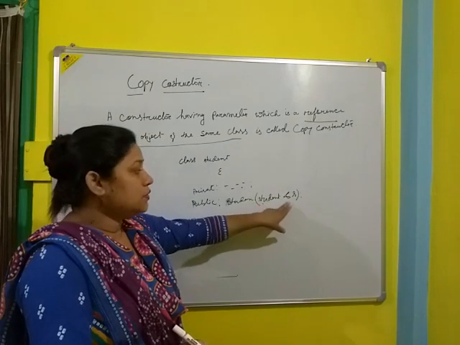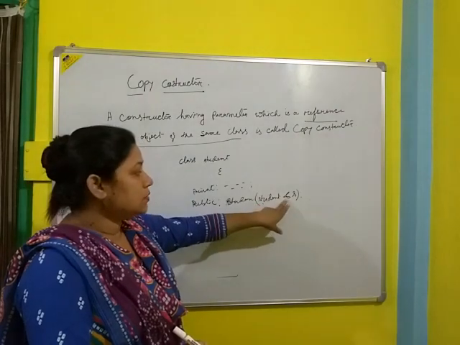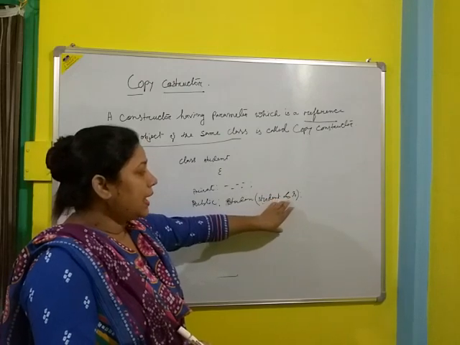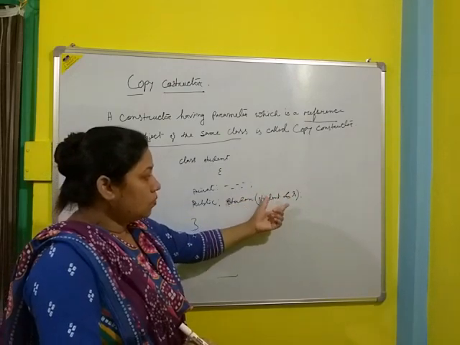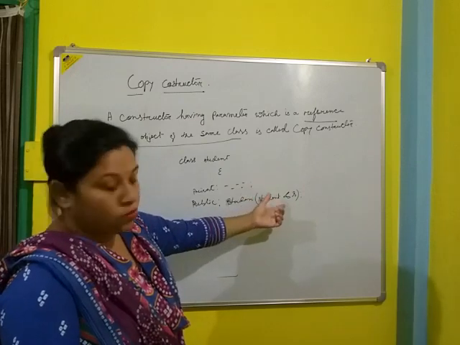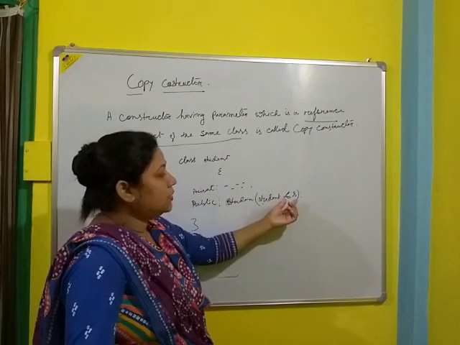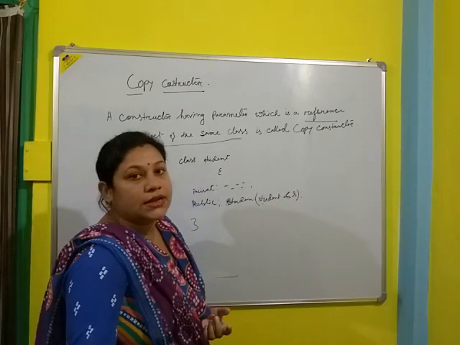Okay, so here I am using the reference method, so I use the ampersand symbol here. And this is known as a one argument constructor, because I am using only one argument here.